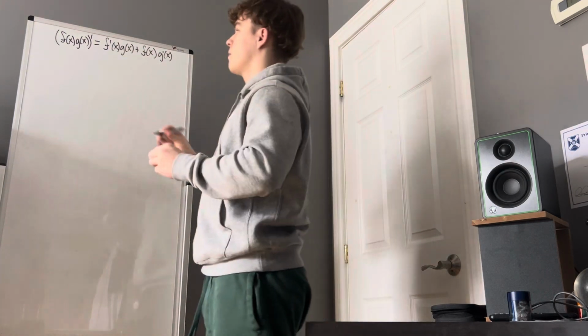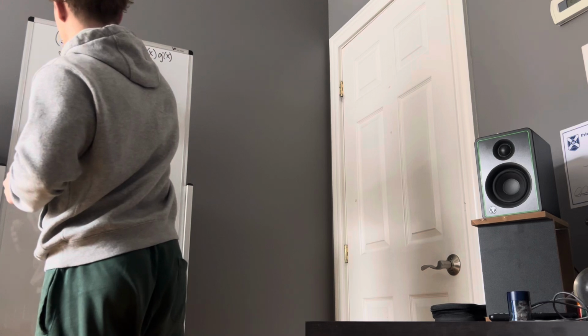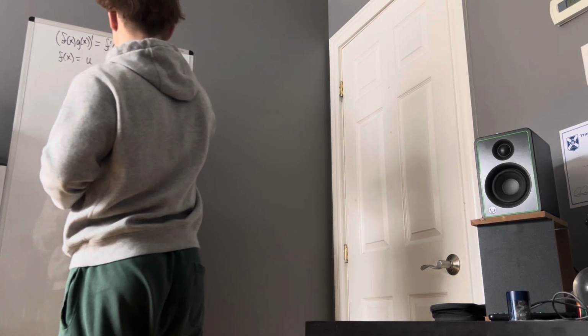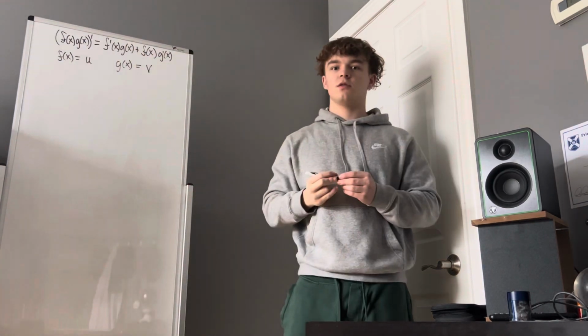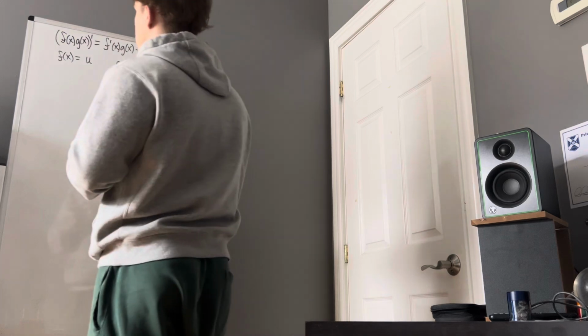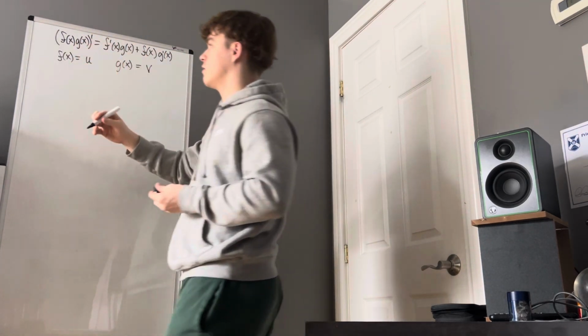Now this is getting a little complicated. So we're going to let f of x equal u, and we're going to let g of x equal v. This is what we use for integration by parts. If we integrate this prime, we're just going to get the original function.